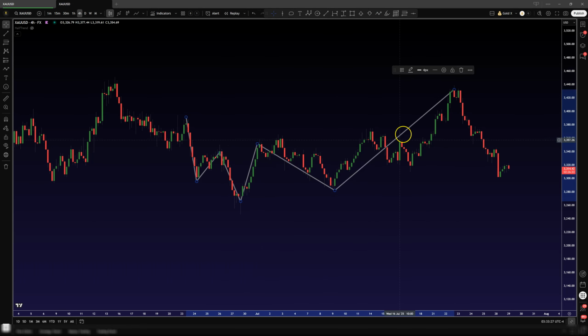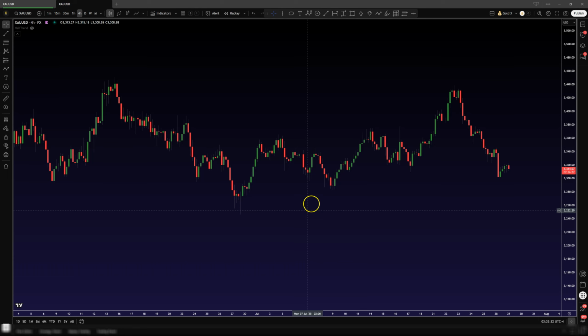This is a Quasimodo reversal. What makes this Quasimodo very good is when the second break of the neckline happens as a block of same candles.